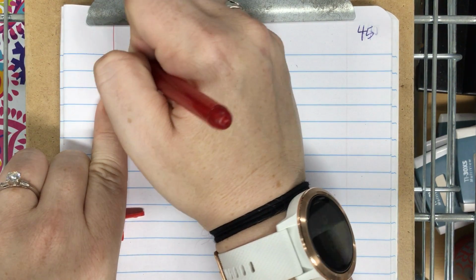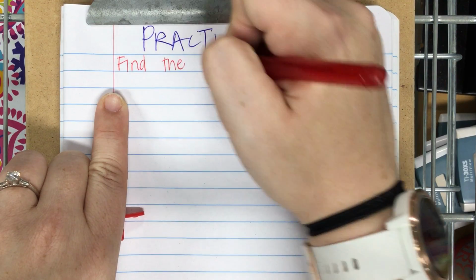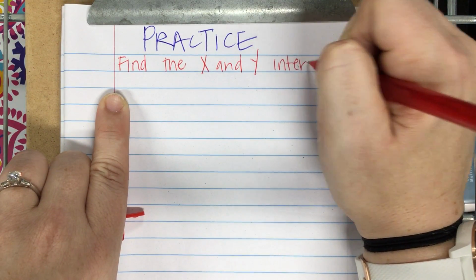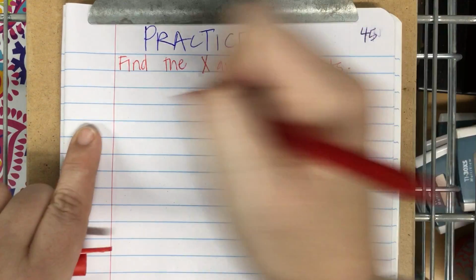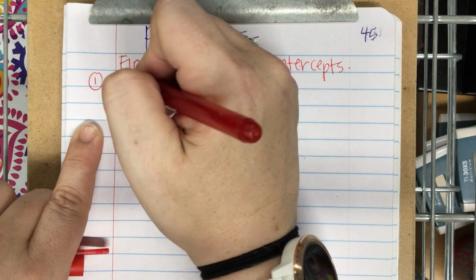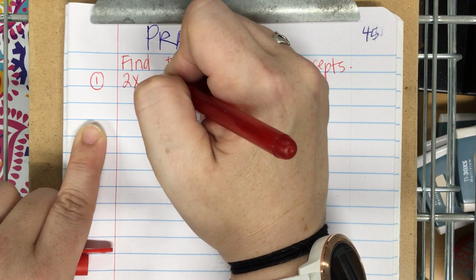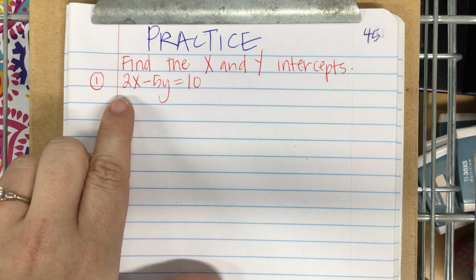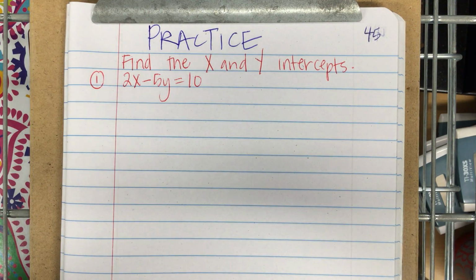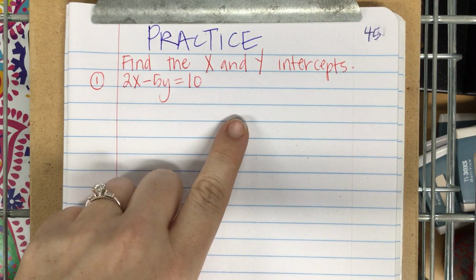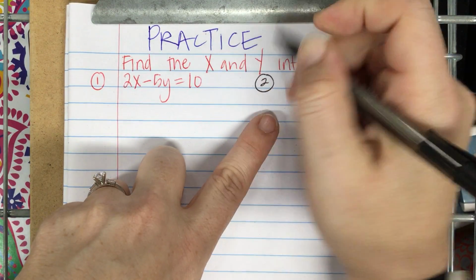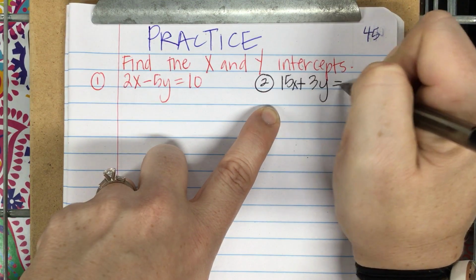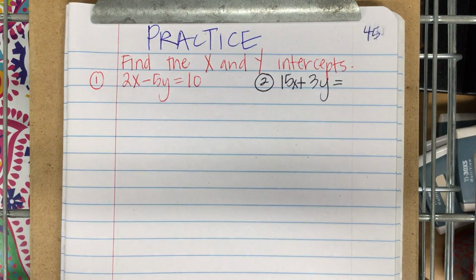For these two, I want you to find the x and the y-intercept. So you're going to find both. For number 1, 2x minus 5y equals 10. You're going to have 2 solutions for number 1. You're going to have 2 solutions for number 2.